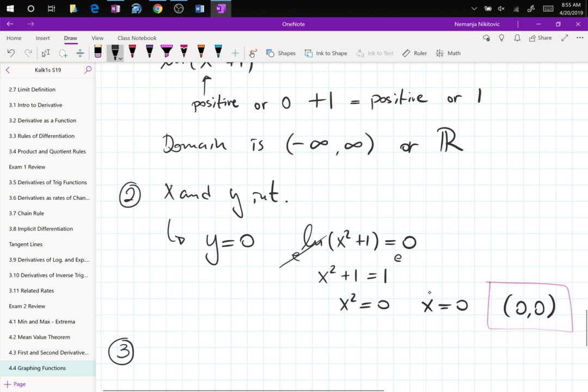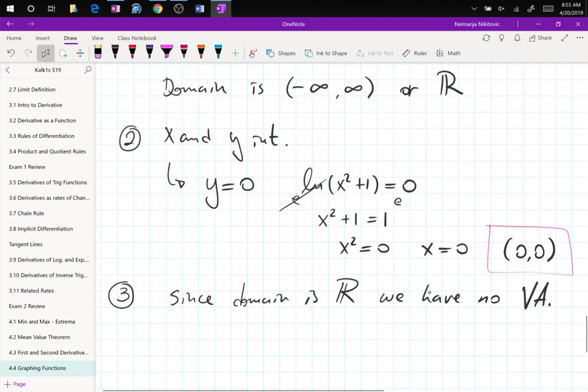It's a function composition of two functions. So this x squared plus 1 business actually killed the asymptote. So I'll write, since the domain is all real numbers, we have no vertical asymptote.